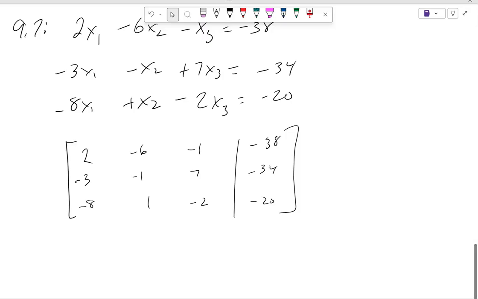Which entry are you going to use for the first column? Which entry are you going to use for your pivot? It'll be the negative 8, right? It'll be this one. Why the negative 8? Yeah, the greatest magnitude, the largest absolute value, right? Okay. So this will be your pivot in this case.